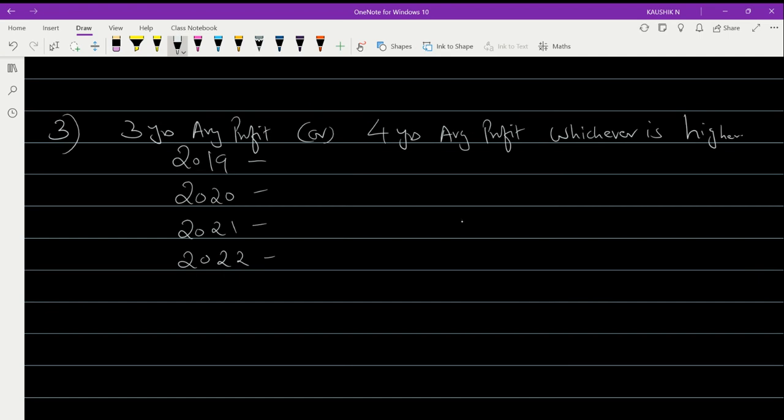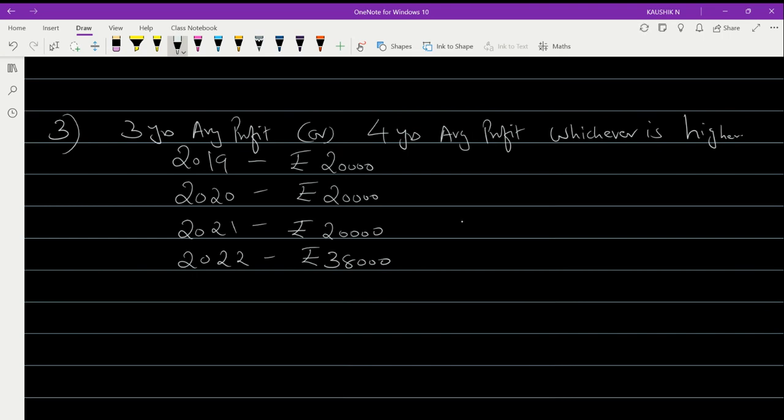Say for example, in the year 2019, the profit was rupees 20,000, a positive value. In the year 2020 also, there was a profit of rupees 20,000. In the year 2021 also, a profit of rupees 20,000. And finally, in the year 22, there was a profit of rupees 38,000.